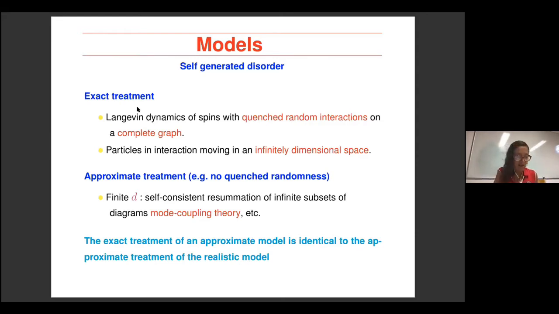So you start from an exact model, let's say, and then you make approximations on it. And it turns out that in the end, many of these approximations give you the exact equations that you find for the approximate models. So you're doing some approximation for the exact or some exact treatment of the approximate, and you end up with the same kind of equations that then you solve.